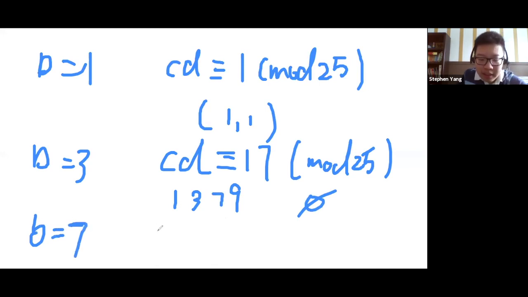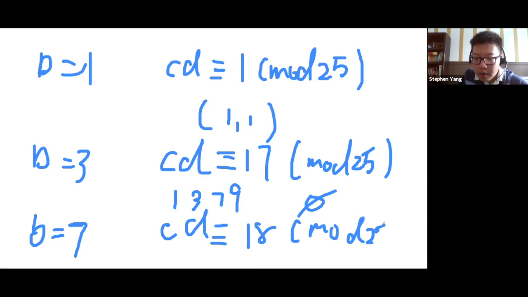B is equal to 7: CD will be congruent to 18 mod 25. Again, this is unachievable.